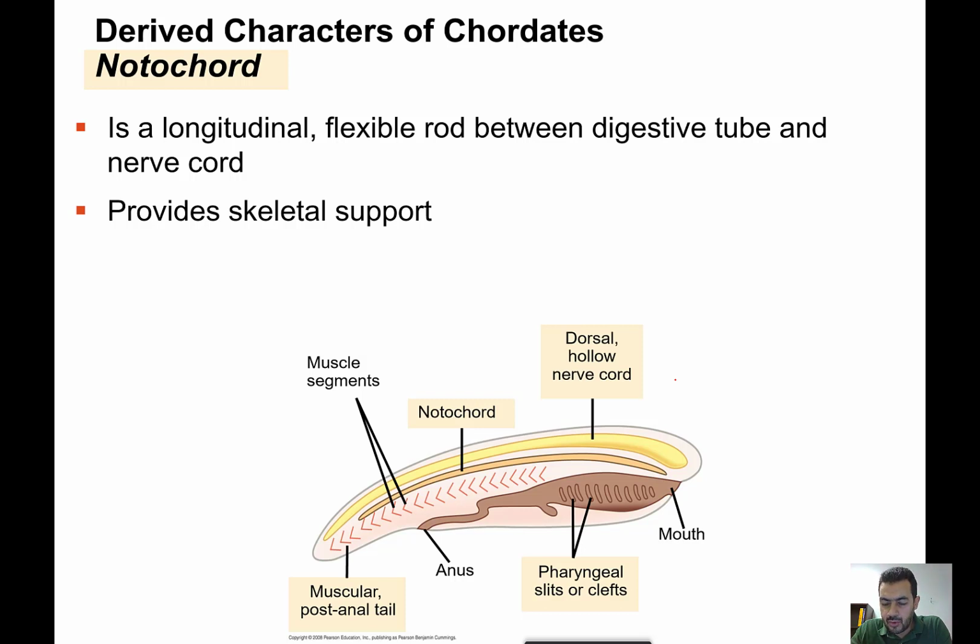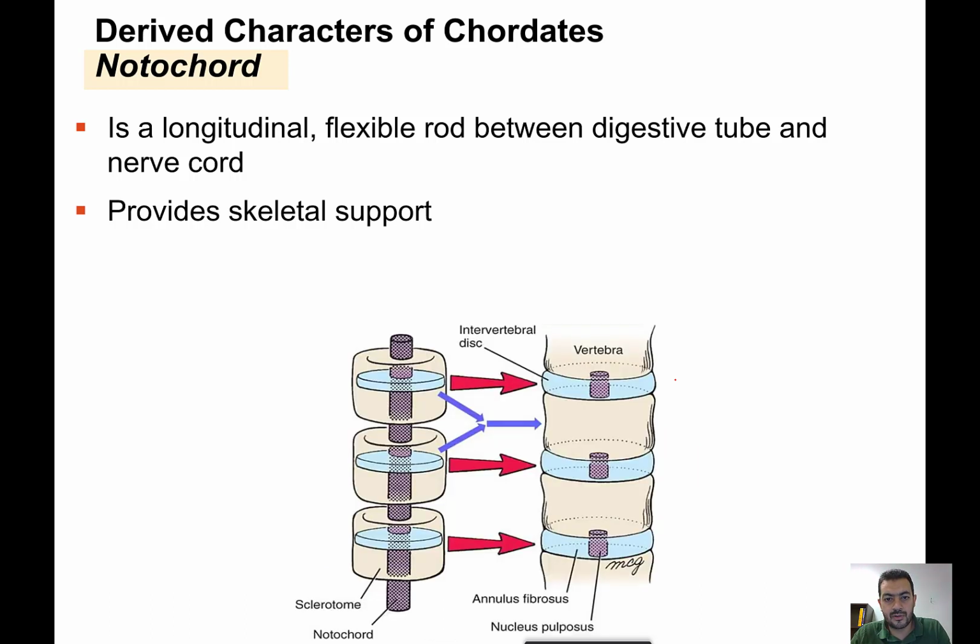In most vertebrates, the skeleton will develop around the notochord. So what is the case with us in humans? We have the notochord around the third week of development, and then it is lost, and what remains of the notochord is the intervertebral discs.